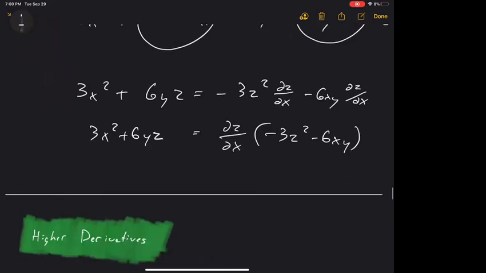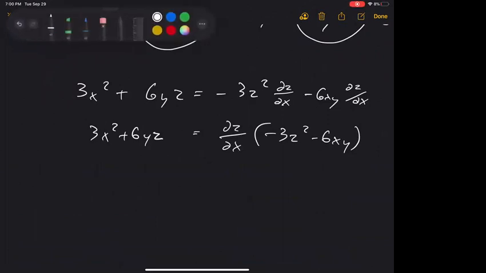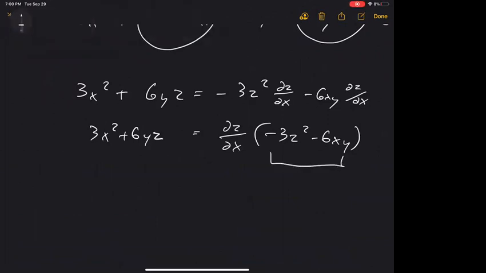And then let's factor out that partial z partial x. Last step, I want to get dz/dx by itself, so I'm going to divide both sides by this term in parentheses here.